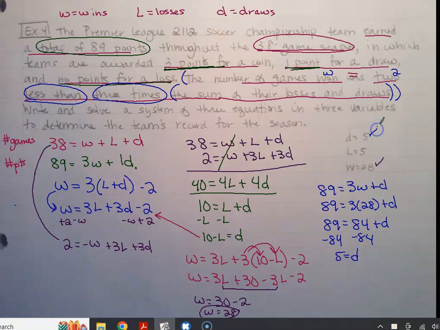Now we can plug both of those into the 38 equation and solve. So 38 equals W plus L plus D, and 38 equals 28 plus L plus D. Sorry, I need to plug 5 in for D, because we know it.